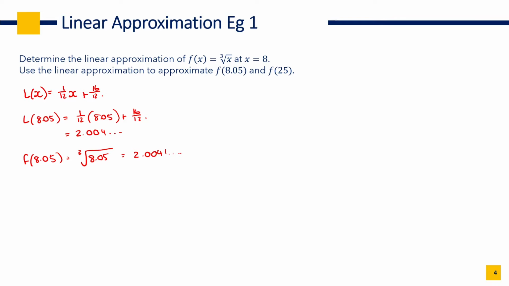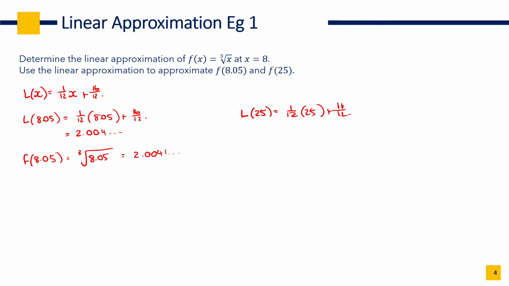Now let's solve for the function at 25 and the approximation at 25. So we're going to put in L(25) equal to 1 upon 12 times 25 plus 16 upon 12. Okay, so let's go ahead and type that into our calculators. 1 upon 12, 25 plus 16 divided by 12.